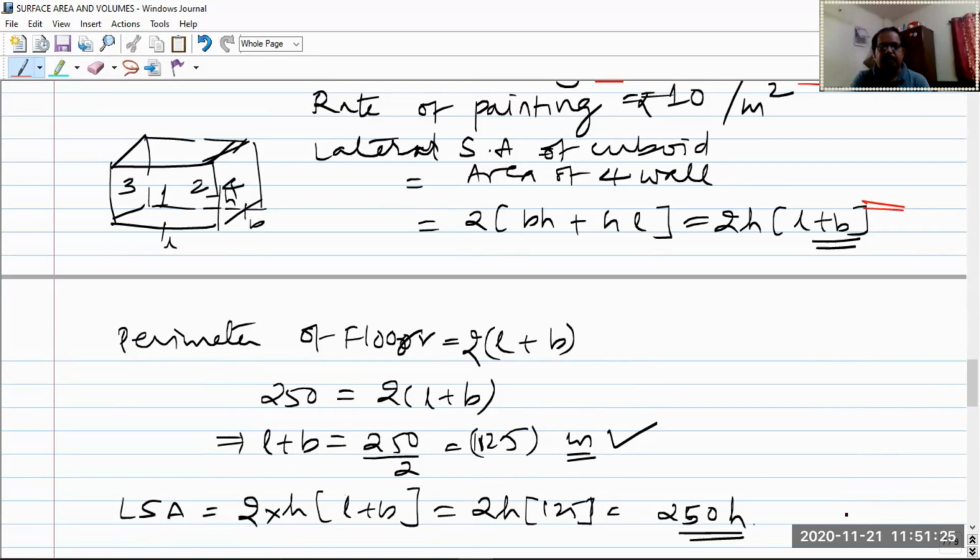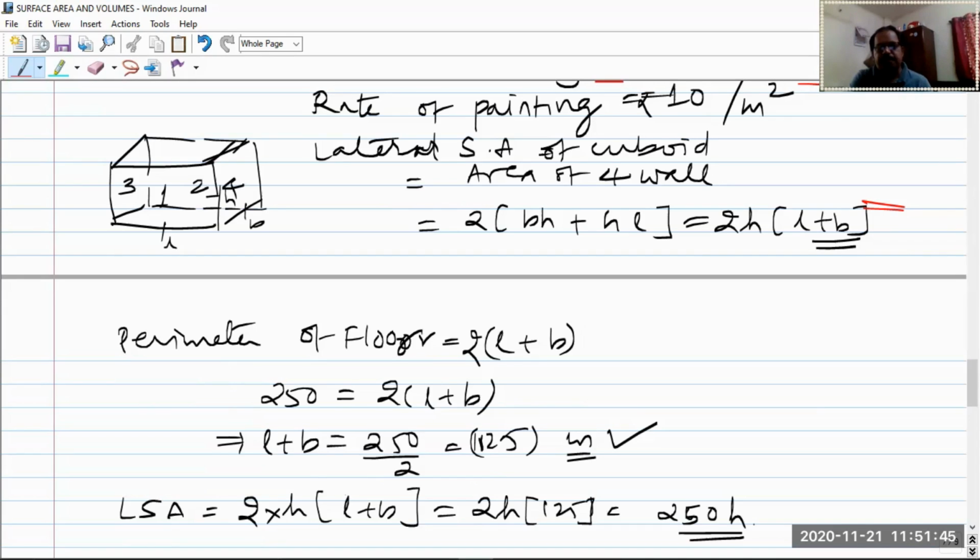Sorry, is it 112.5, not 125? Because 250 divided by 2: 2 1s are 2, 2 2s are 4, 2 5s are 10.